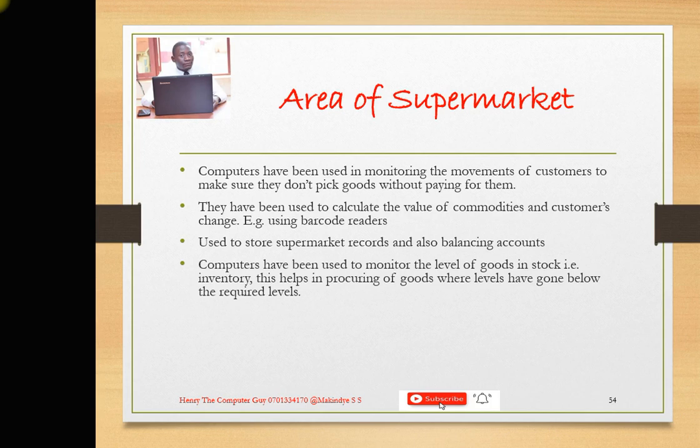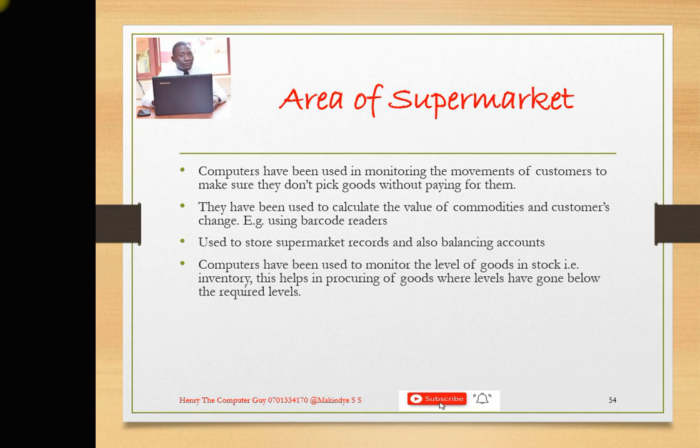So it is going to be the role of the computer to always alert the owner of the supermarket that the expiry date for product A and B will soon be reached, such that they don't sell expired goods to customers.